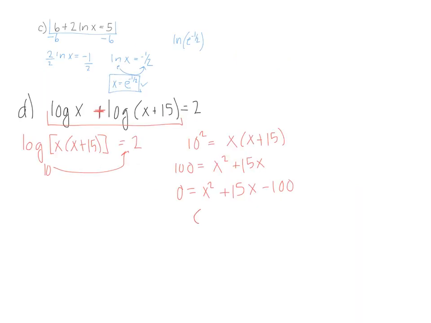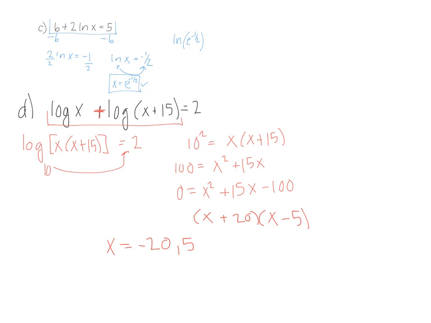So we'll need to factor. 100 is 10 and 10, that's not 15. How about 5 and 20? And there it is. So we've got x plus 20, x minus 5. So that means that my two solutions for x are negative 20 and 5. Now it is very important that we check our answers.